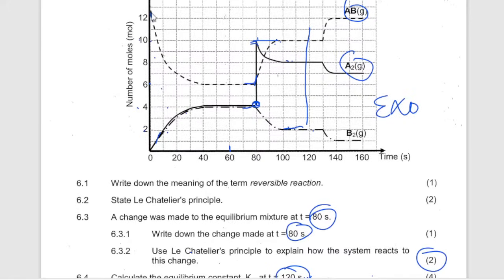So basically it is going to shift to the left, but it finishes very fast. Even here it shifts to the left and then it finishes very fast. So basically that's what you were supposed to draw when it came to that.